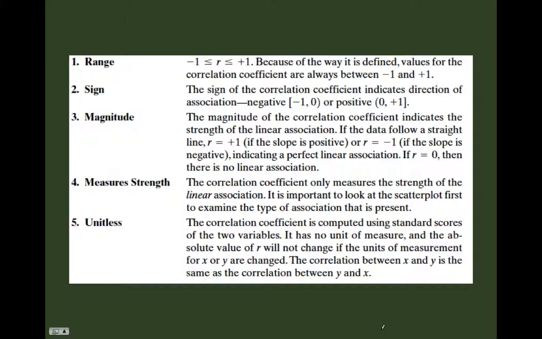So we look at R in terms of its sign and its magnitude. Let me draw a couple of hypothetical pictures here. This particular scatter plot's not going to have units.